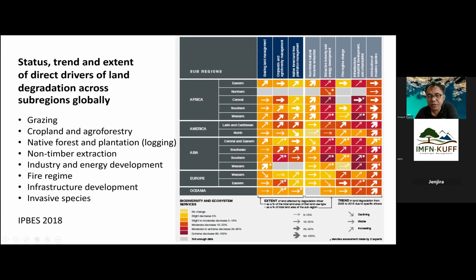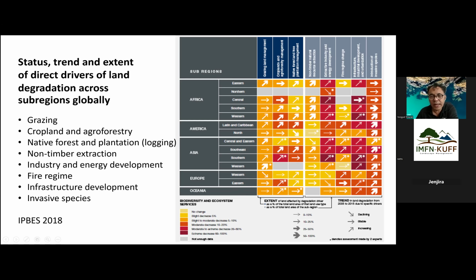And the trend of this sector is increasing in the future, particularly the invasive species, crop production, and the extraction of the forest and plantation, due to we have the high population and many people are still living below the poverty line.